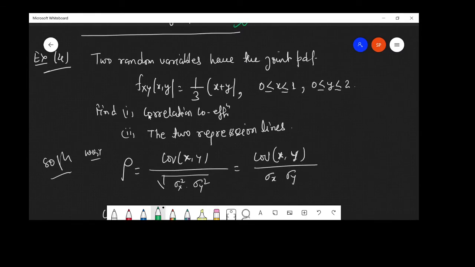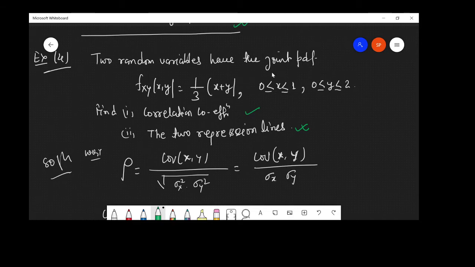Here we have two random variables whose joint probability density function is given as 1 by 3 bracket x plus y, where x lies between 0 and 1 and y lies between 0 and 2. Find the correlation coefficient, and then find the two regression lines. First, what is the formula for the correlation coefficient?